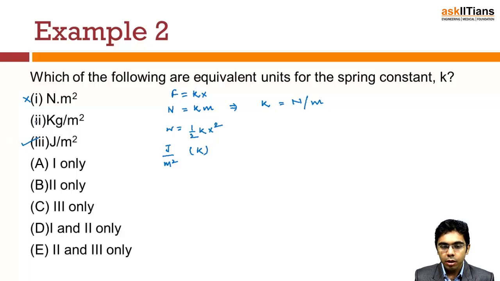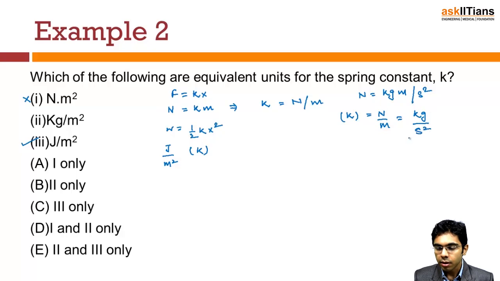Let's check the second one. What do we know about Newton? Newton is equal to kg meter per second square. We got the unit of K as Newton per meter, so this will come out to be kg per second square.